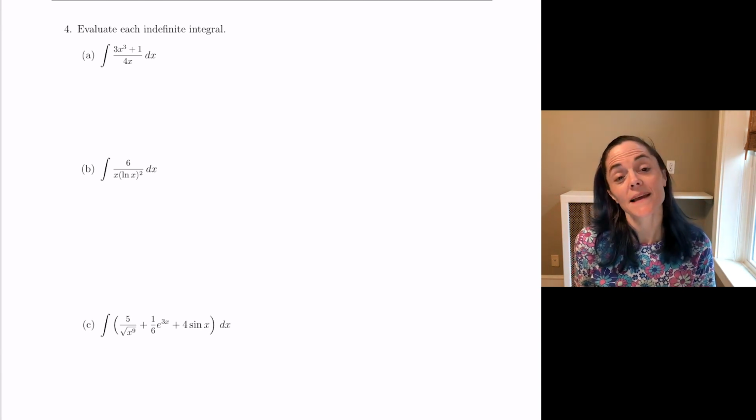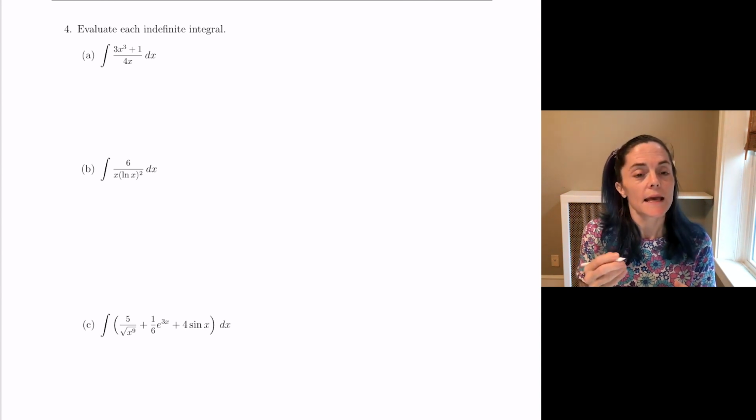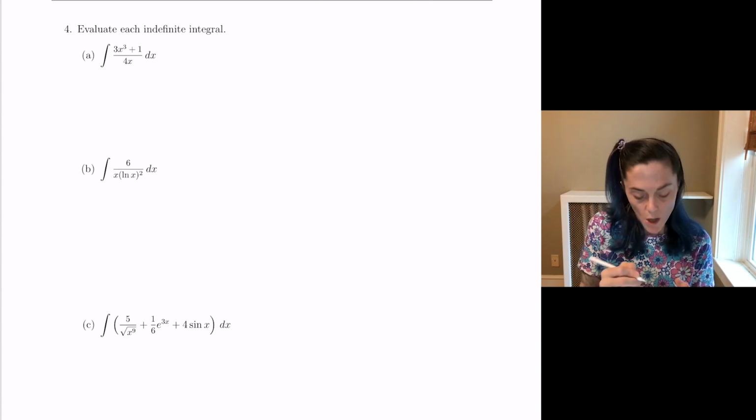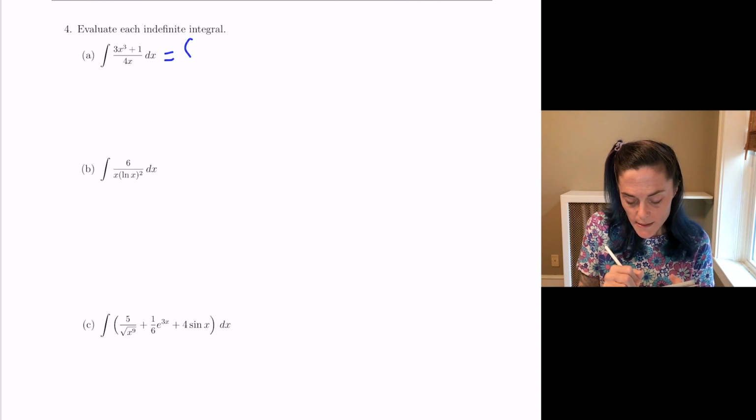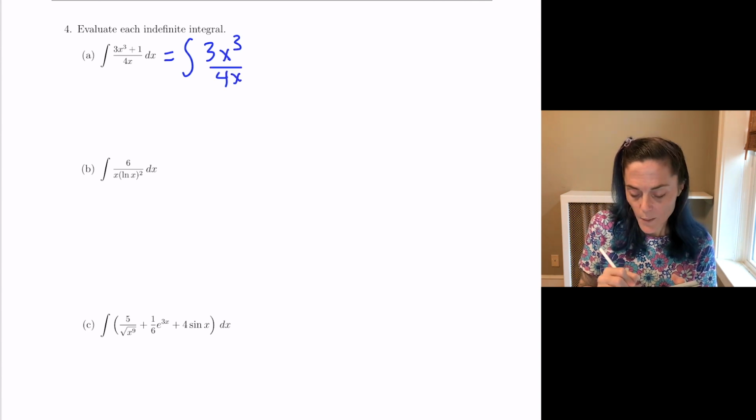Okay, now we have some indefinite integrals. Letter A, this is not substitution. What we need to do is write this as a sum of two terms. So here I have 3x cubed divided by 4x plus 1 over 4x.